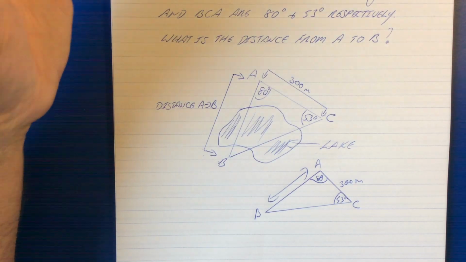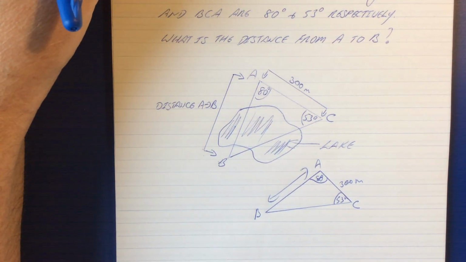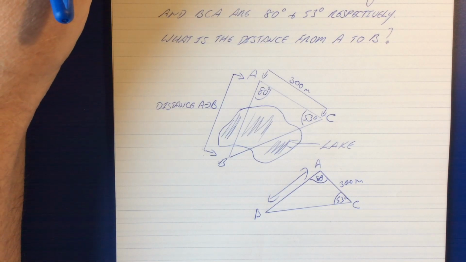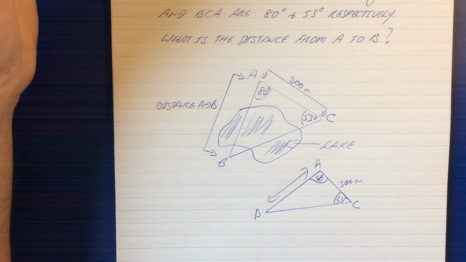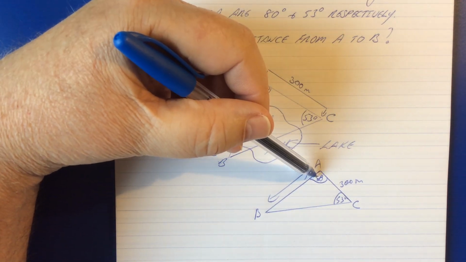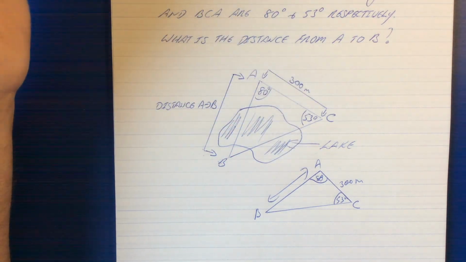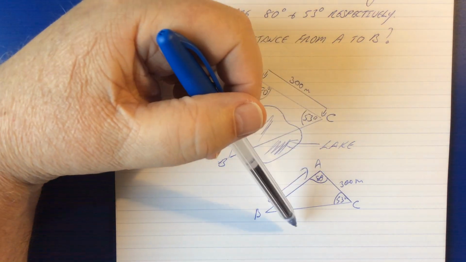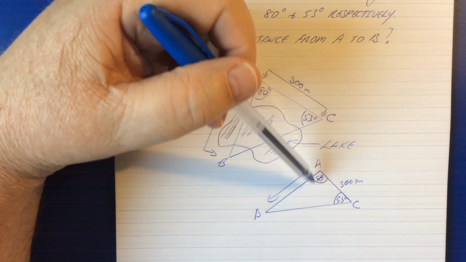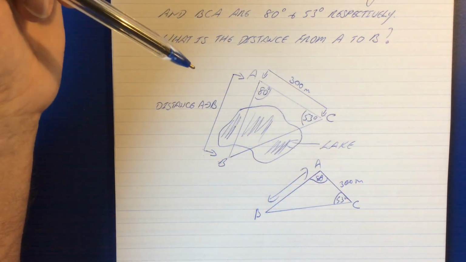Now, the question is, how do we do this? The problem is that this is not a right angle, and so normal trigonometry won't work. We don't know, even assuming this were a right angle, we don't know this length, so there's no way of using Pythagoras.